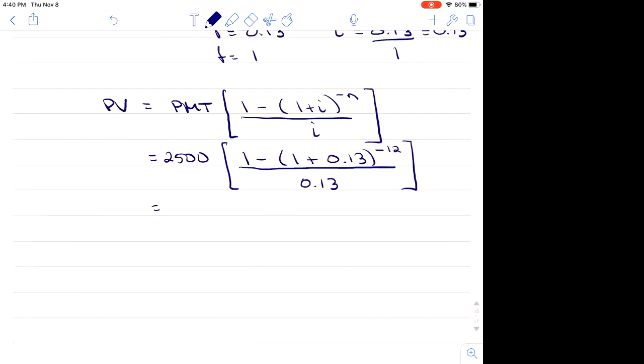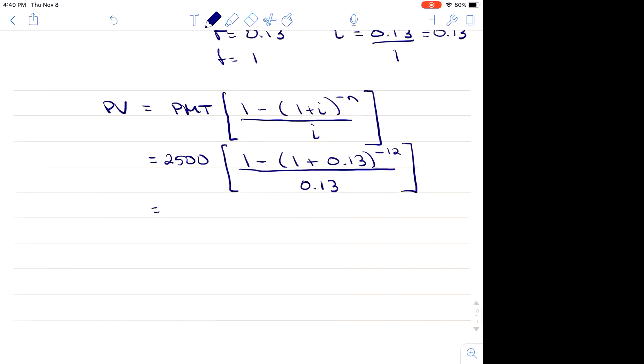I'm just gonna plow through this. 1.13 to the power of negative 12, equals, 1 minus that guy divided by 0.13.